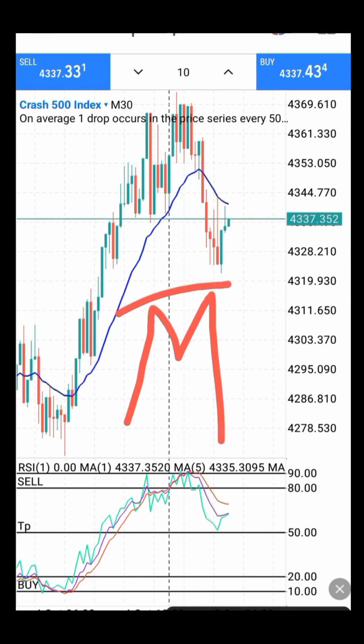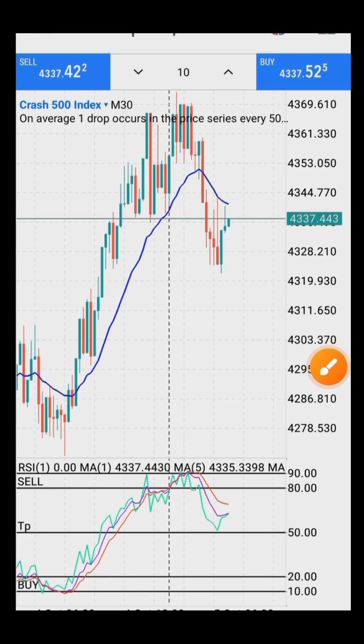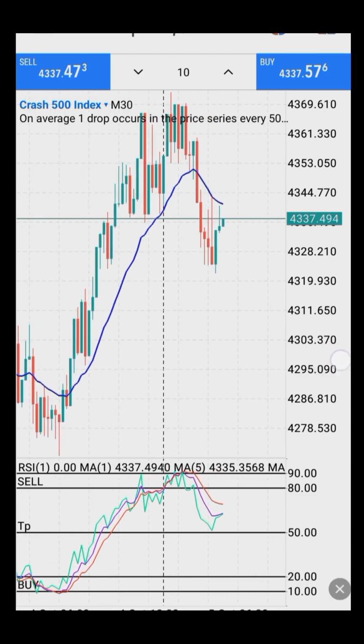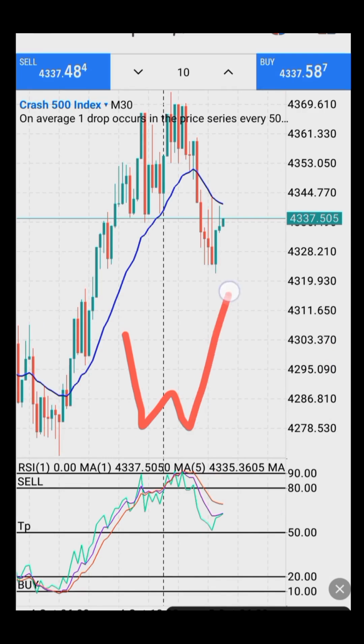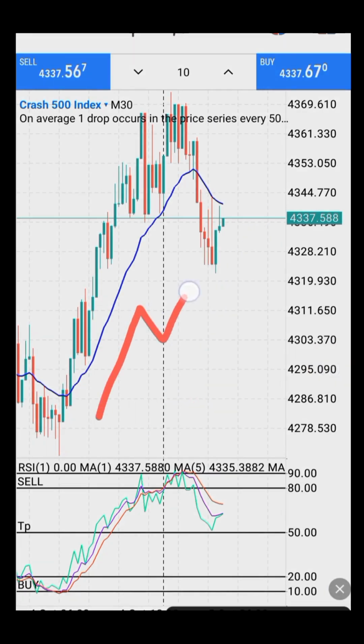When price is in an uptrend, it will tell you that you want to sell, and price will go back to the entry point again before selling. Why double top? Double bottom when buying, you understand? Take note of that. Double bottom when you are buying and double top when you are selling.